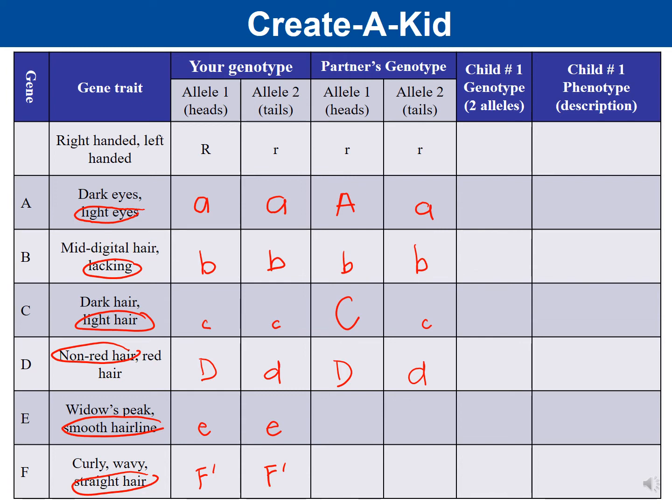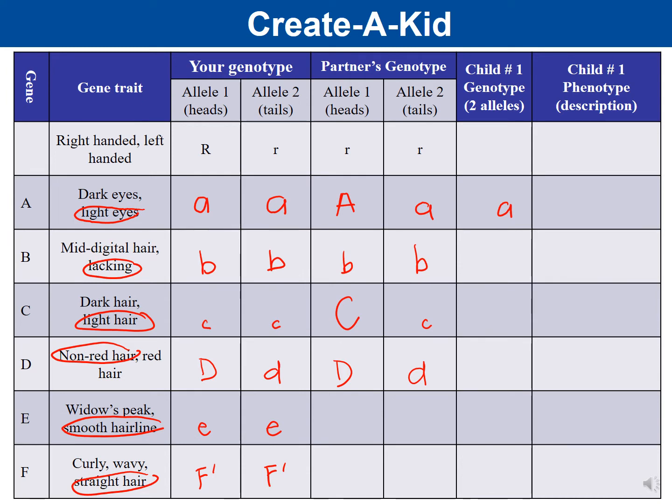So what you're going to do in this activity is a create-a-kid activity, looking at the way that traits are inherited. You are going to flip a coin. Let's say I flip heads. Heads means I give allele number 1. In my case, it doesn't really matter because I know I'm always going to give little a. That's all I have to give.